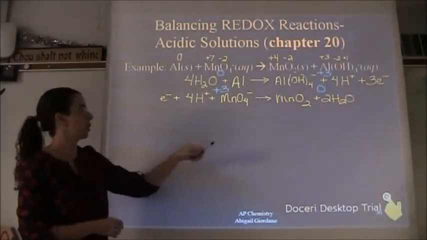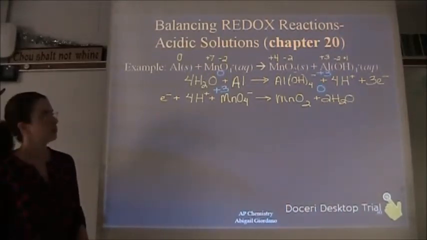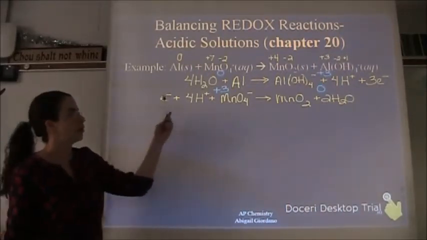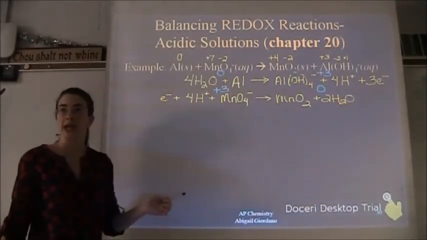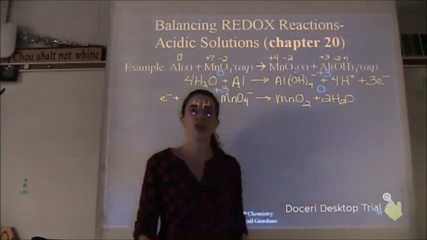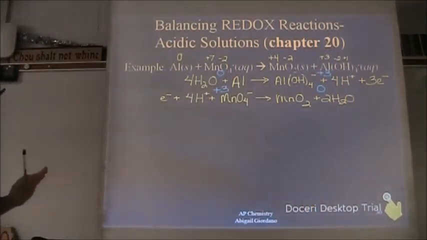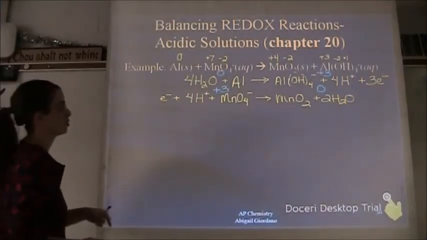To balance out the charge, maybe I only had to add just 1 electron. Well, they're on opposite sides, and that's great, but they must have the same coefficient, and right now they don't. If that's a problem, it says, if necessary, multiply by an integer to equalize the electron count.